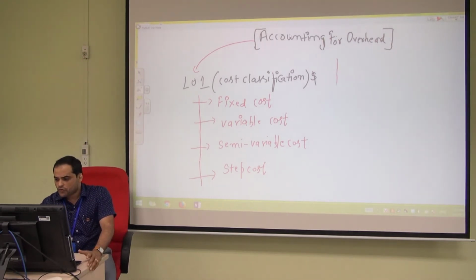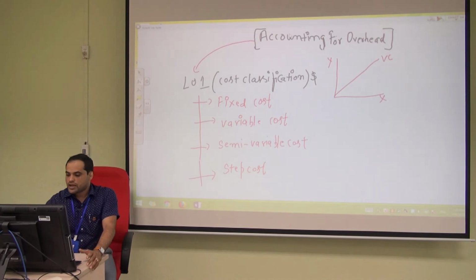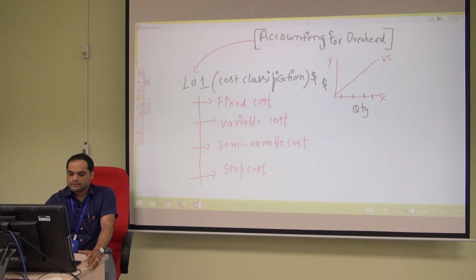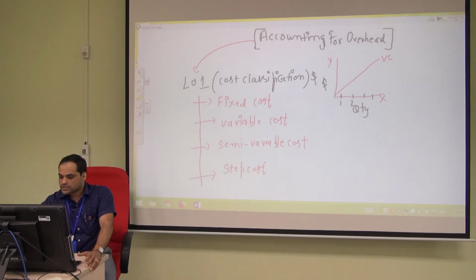So what is the graph of variable cost? The graph of variable cost looks like this. Here is your quantity, same, and here is the cost. You produce, let's say, 1, 2, 3. You produce one product, that is your cost. You produce 2 products, that is your cost. 3 products, that is your cost.